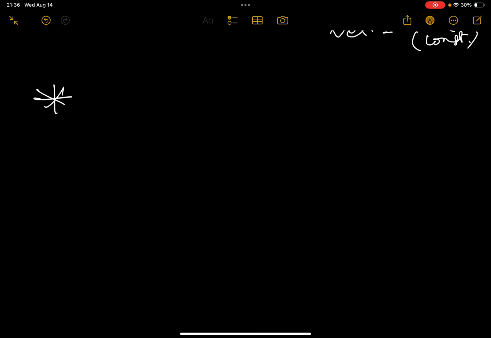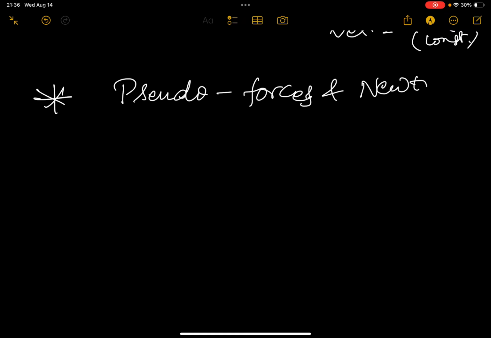Eventually that will force us to define something called pseudo force. Basically, pseudo force is nothing but a consequence of applying Newton's second law in non-inertial frames of reference. So, pseudo forces and Newton's second law.